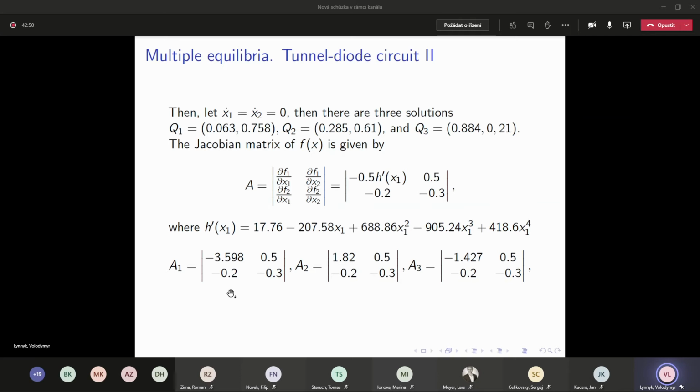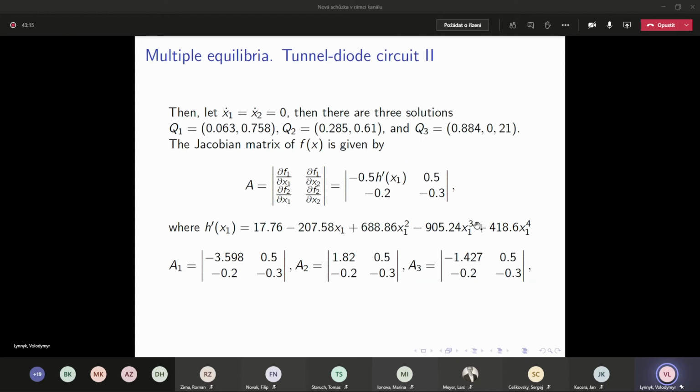For each equilibrium point, evaluating the Jacobian matrix at the equilibrium points q1, q2, q3 respectively yields A1 equal to the next matrix, A2 corresponds to q2, and A3 corresponds to q3.